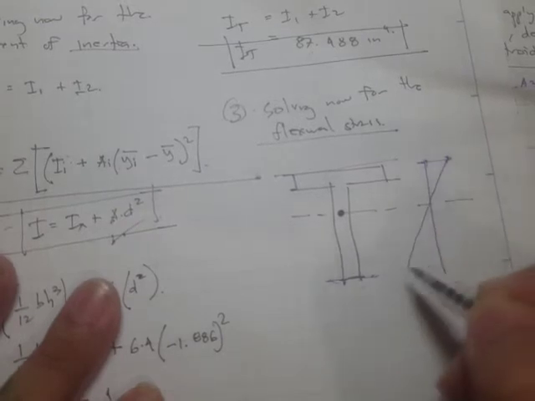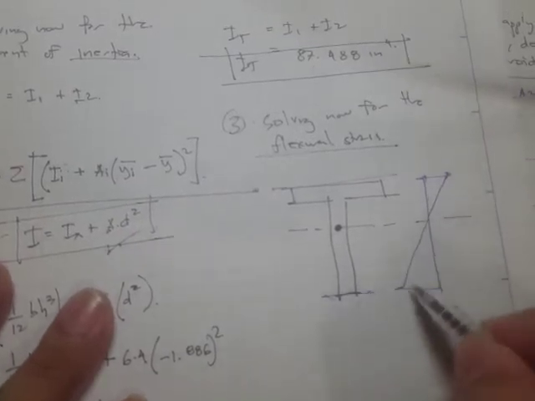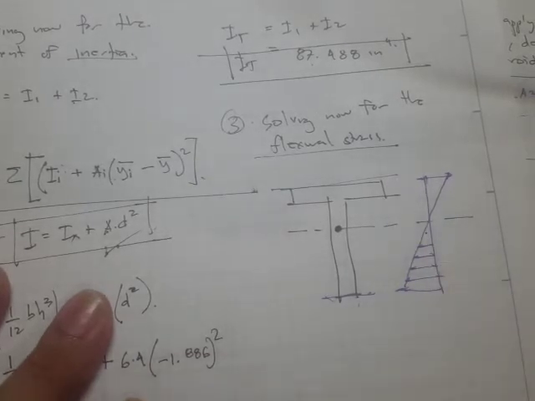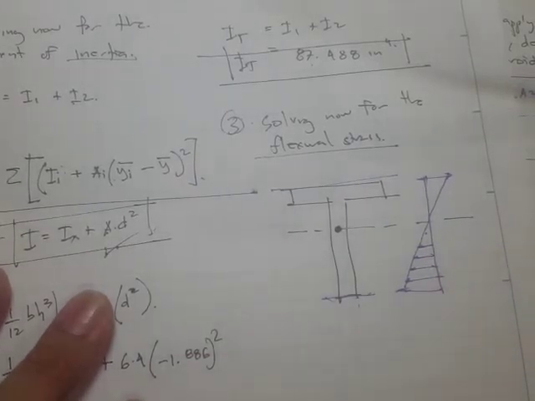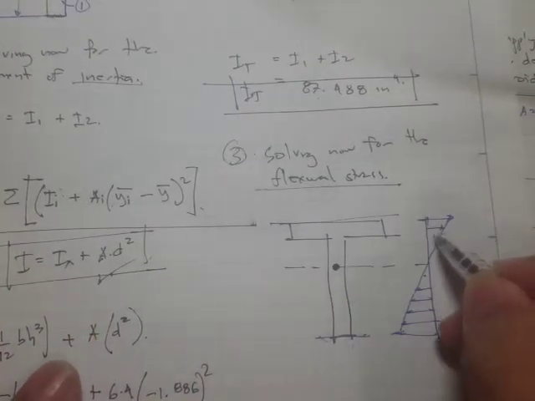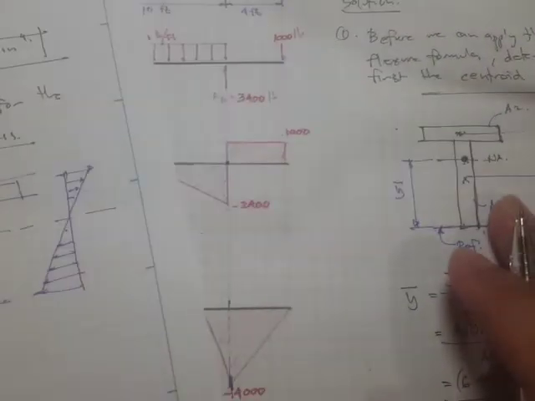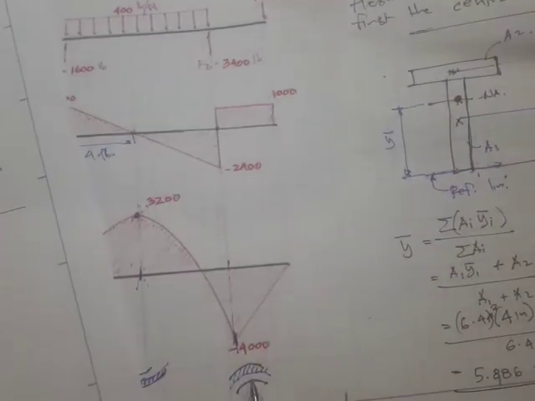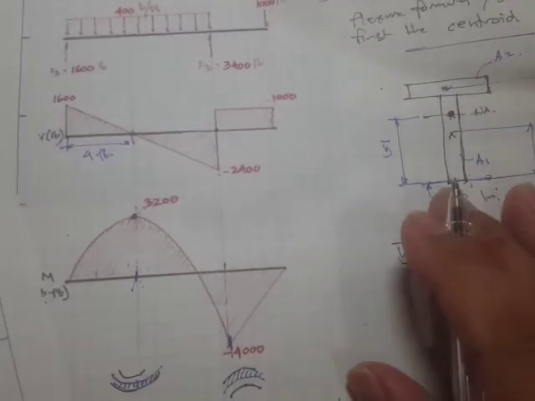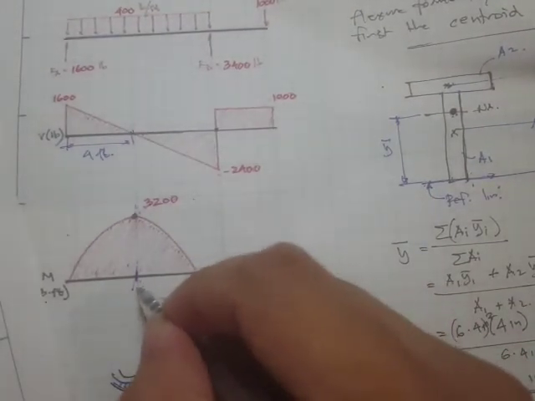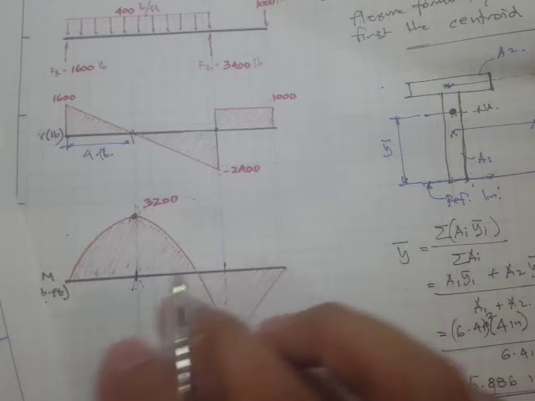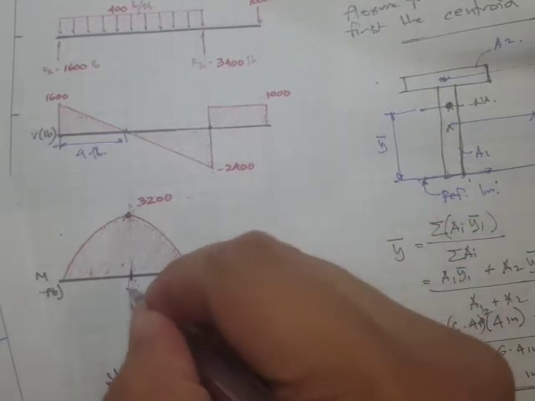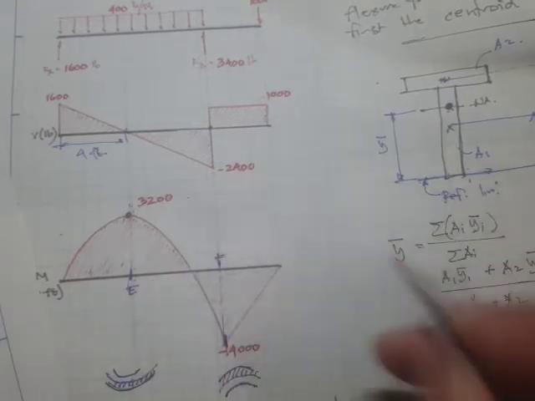Okay, just for illustration, let's just use this. Or I think it would be better if we use tension on top. Okay, and let's label this ABD. Let's label this point E, and this one point F.